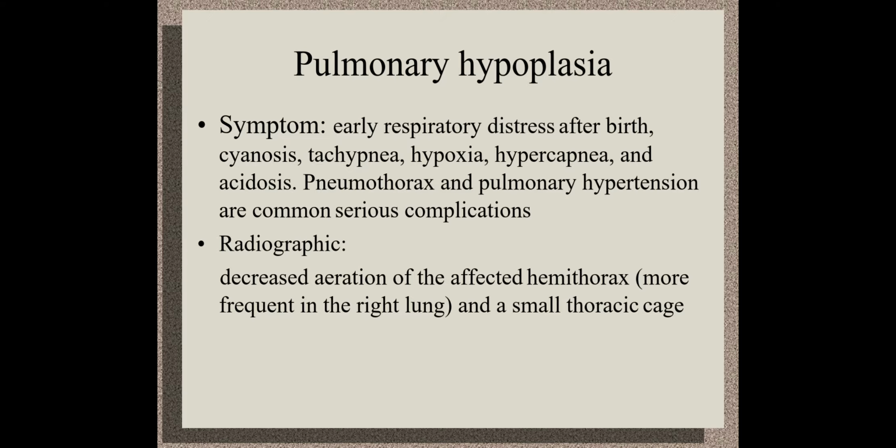Symptoms: early respiratory distress after birth, cyanosis, tachycardia, hypoxia, hypercapnia, and acidosis. Pneumothorax and pulmonary hypertension are common serious complications. Radiologically, there is decreased aeration of the affected hemithorax, more frequent in the right lung, and a small thoracic cage.